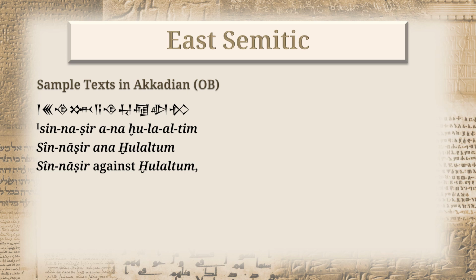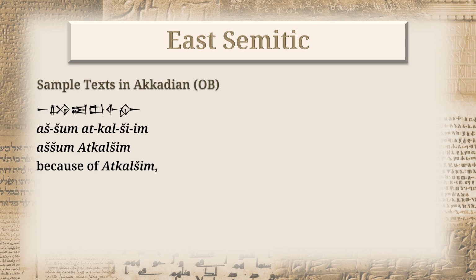So Tsin, you could use the Tsin syllabic sign, you could use Tsi, In, two signs, or you could use the Sumerograms, Enzu. So it seems like it didn't really matter to them. Ashum at Kalshim, because of at Kalshim.